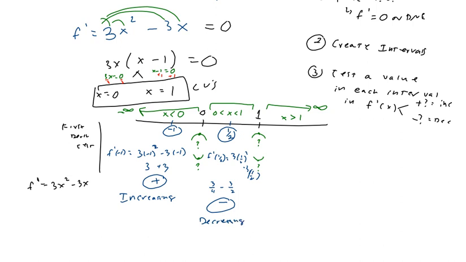Maybe I should do that in red. Hold on, everyone. This is going to be negative and decreasing, right? Because 3 over 4 minus 3 over 2 is negative 3 over 4.